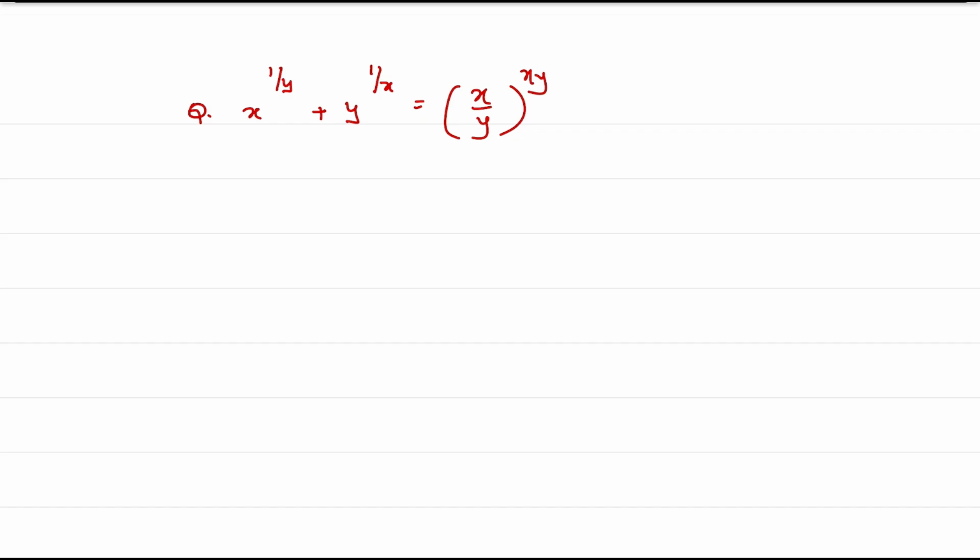This is an implicit function. That means x and y are interrelated. They are combined in a single equation and there are no numerals attached to it.